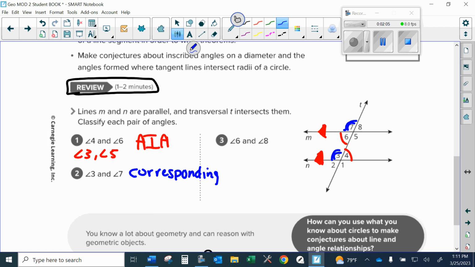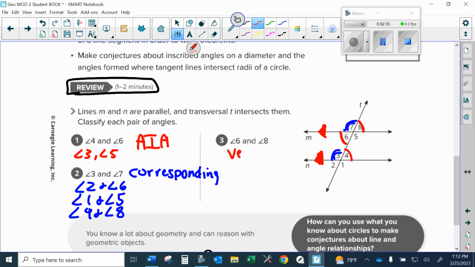The other pairs of corresponding angles are angles 2 and 6, 1 and 5, and 4 and 8. So there are 4 pairs of corresponding angles, 2 pairs of alternate interior angles, and 6 and 8. Since we're already dealing with 6 here, we can put 8 there as well.